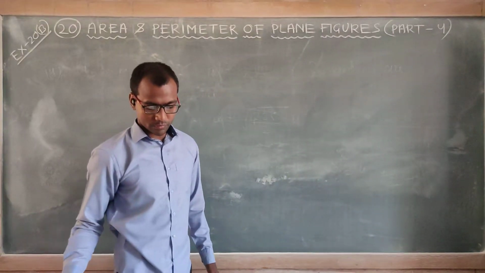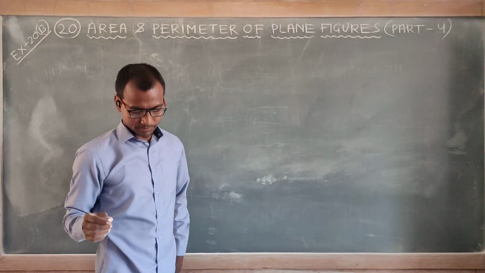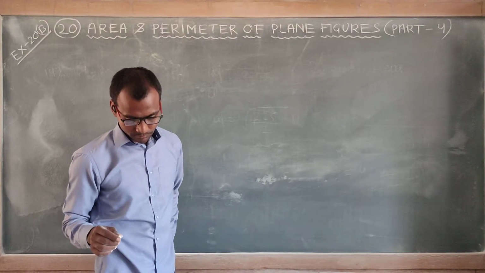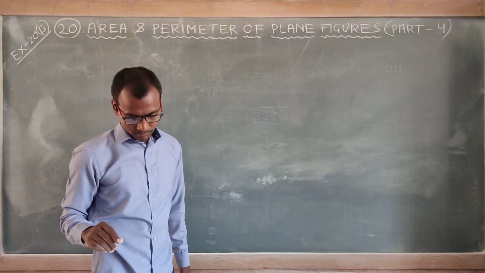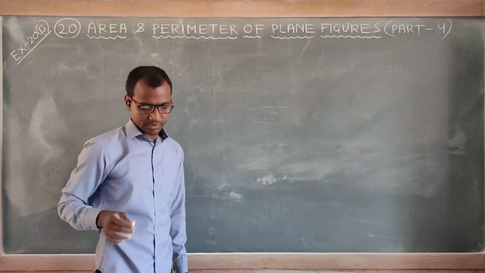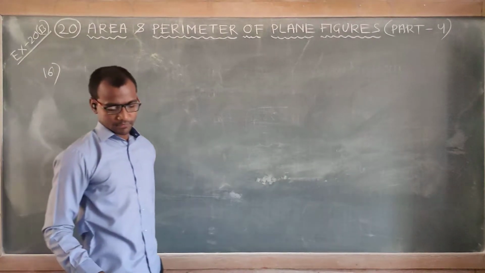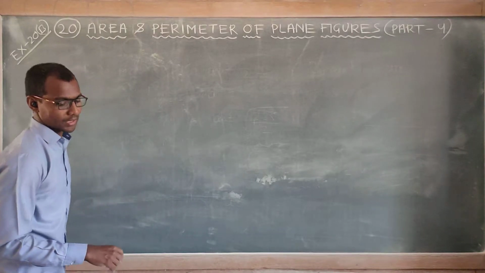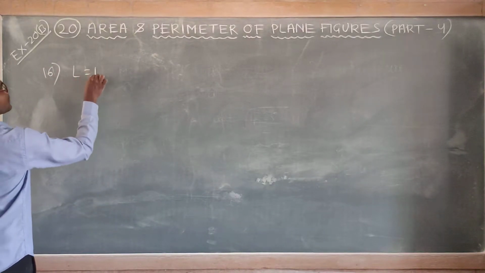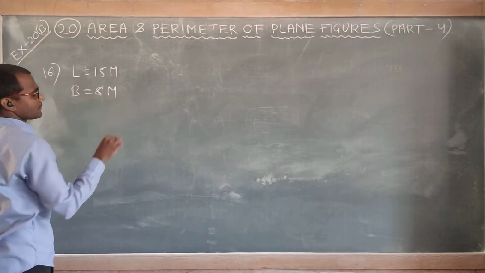Now let us move to question number 16. The floor measures 15 meter by 8 meter. Sorry, L is equal to 15 meter, B is equal to 8 meter.